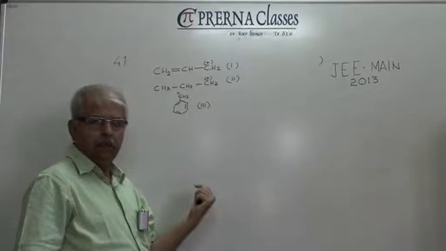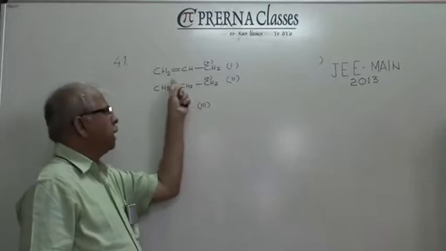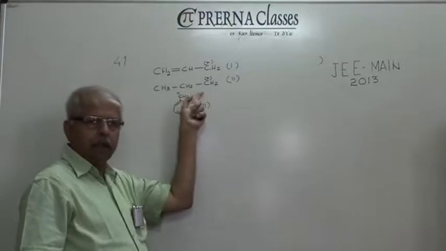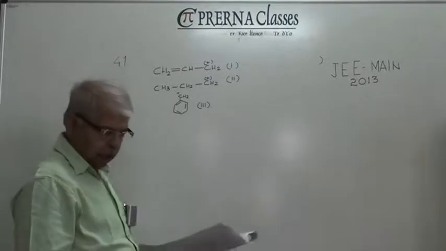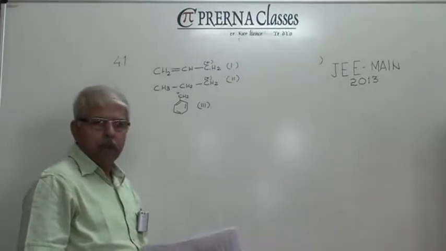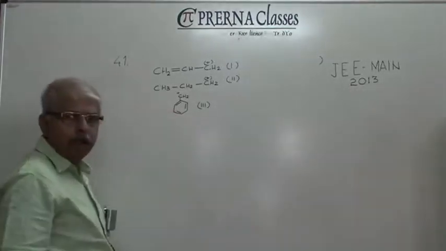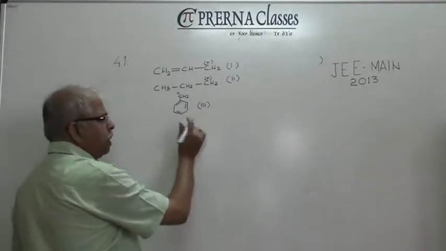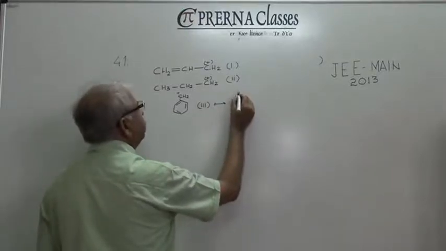3 ions are given. They are all cations. First one is the allylic cation. Second one is the primary cation. And the third one is the benzylic cation. And the question is the order of stability. Now, greater the number of resonating structures, greater is the stability. This benzyl can have resonating structures something like this.